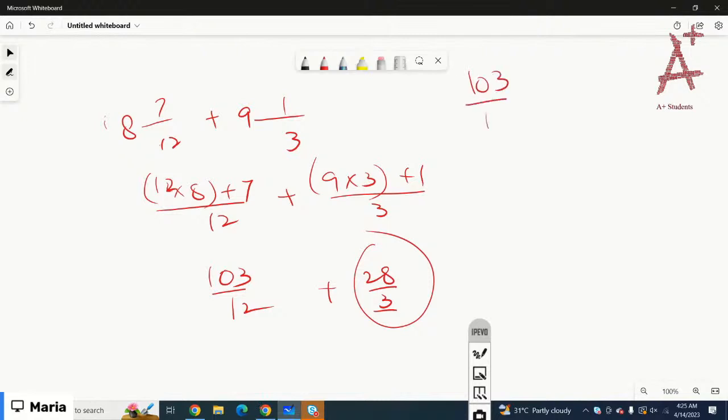It would be 103 over 12 plus 28 times 4 divided by 3 times 4. Got it?